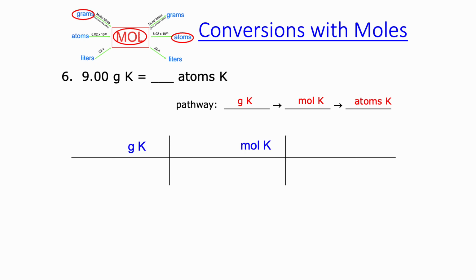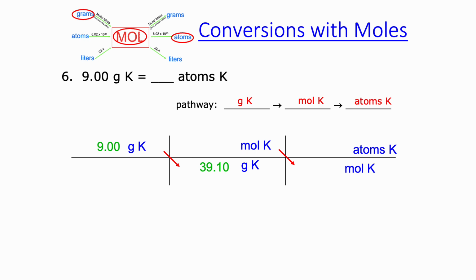Units go across the top, grams, moles, atoms. Then the units come diagonally. Grams, and then moles. We're going to start with 9 grams. With moles and grams, atoms and moles, and liters and moles, they're always 1. Grams, we go from the periodic table.